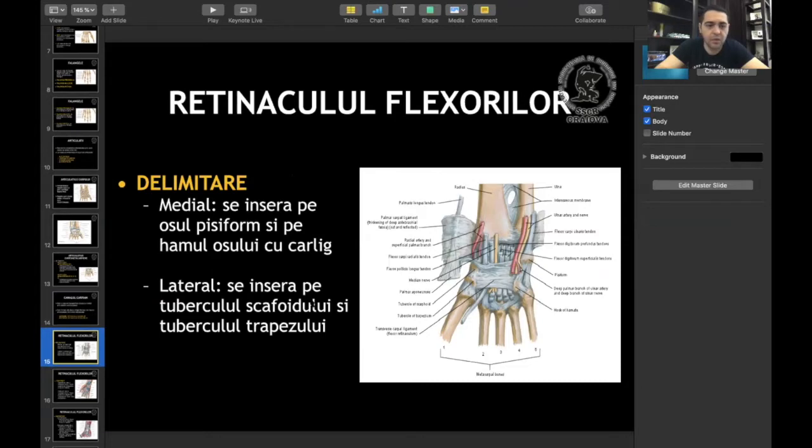What is important is that through this tunnel we have the flexor tendons and the median nerve. This is an important structure.